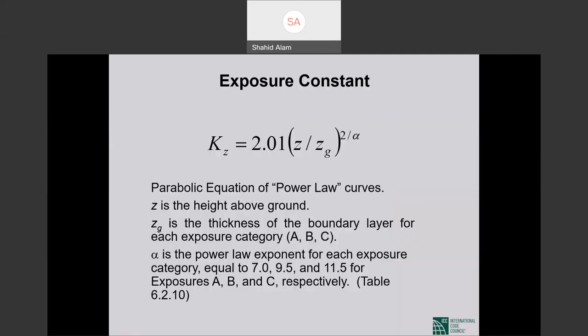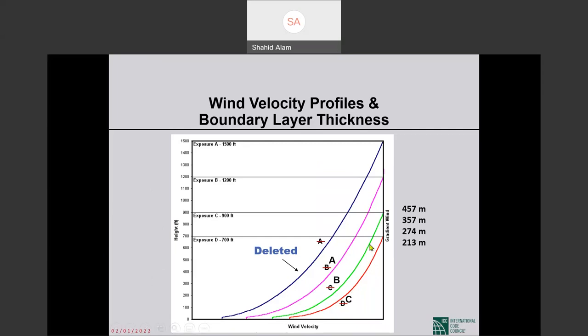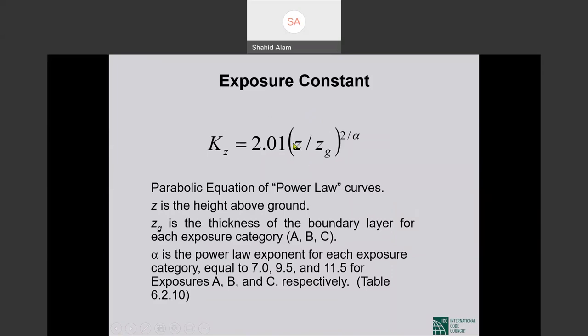Now, the variation of wind speed with height and exposure is given, as I mentioned, by the K sub z factor. It is given by this expression. Z is any height above ground level. Z sub g is the gradient height that I just talked about. It depends on exposure category. For exposure C, Z sub g is 213 meters.